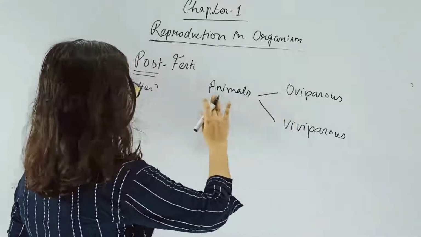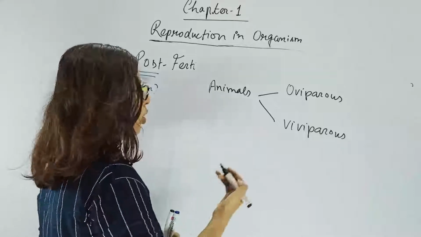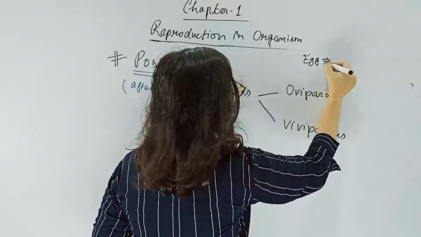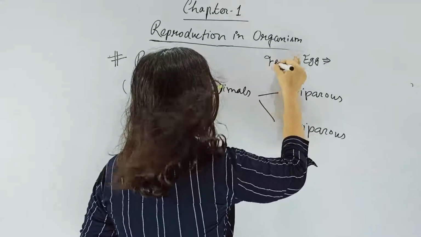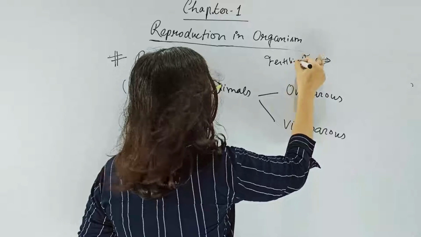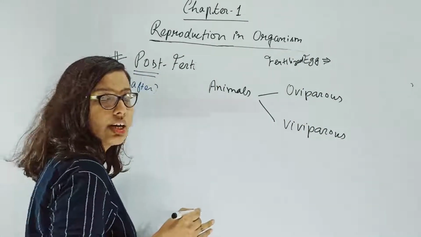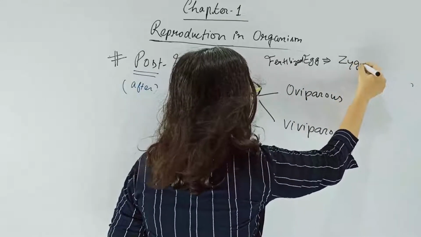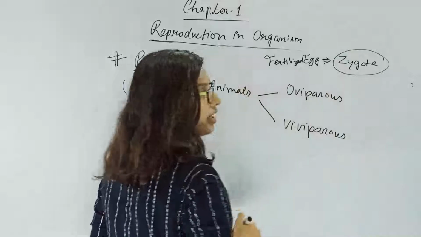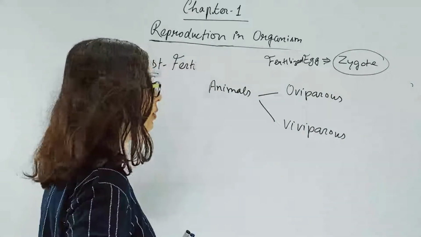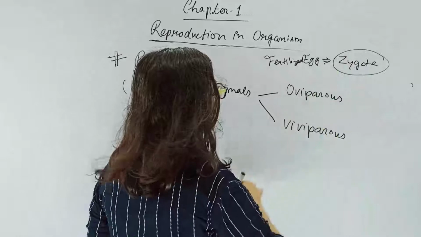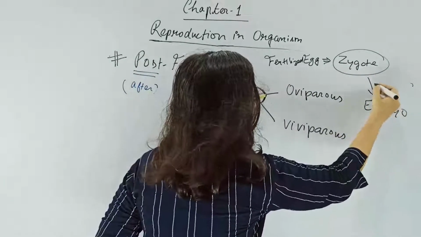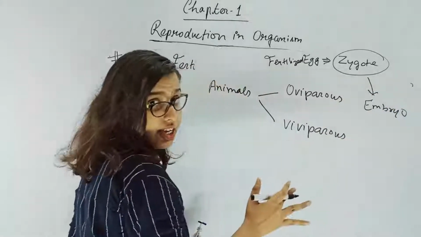Oviparous are those animals in which, do you know what an egg is? Suppose I am taking the example of a duck. In case of a duck, the fertilized egg is what? Zygote. The egg that you are seeing after fertilization is now the zygote. So this zygote has to become an embryo. There has to be development. Mitosis has to happen.